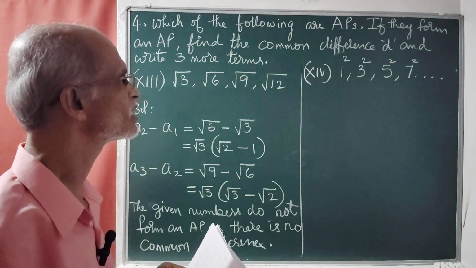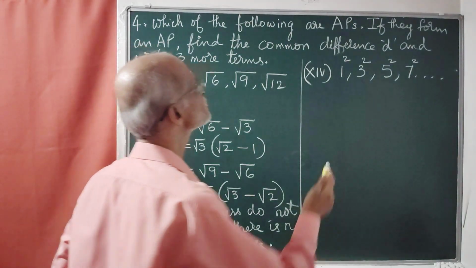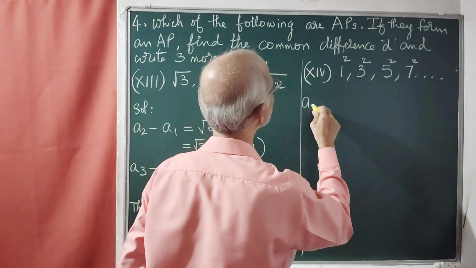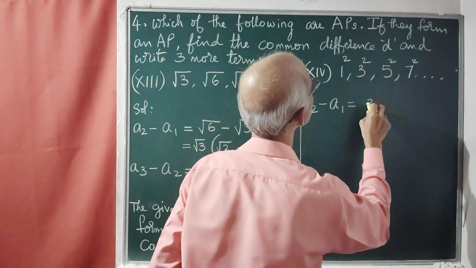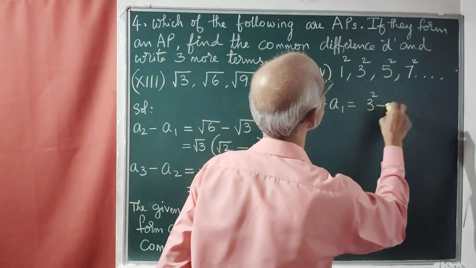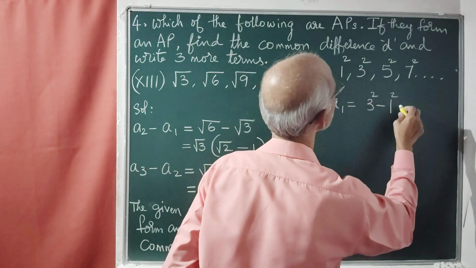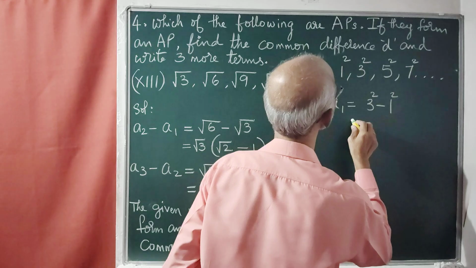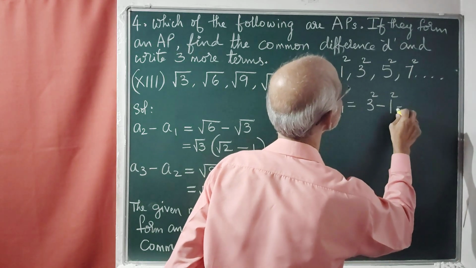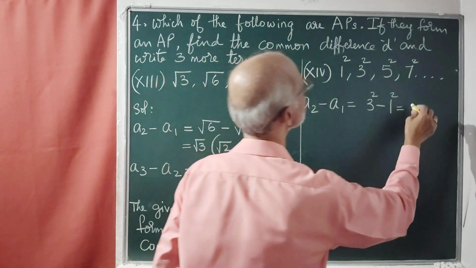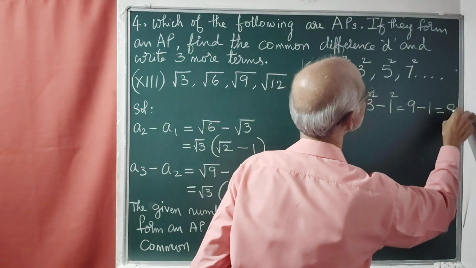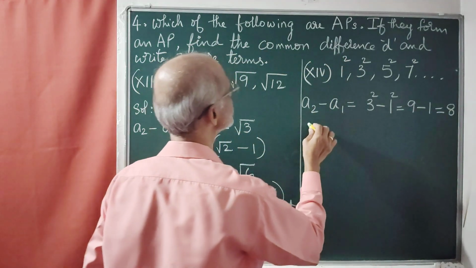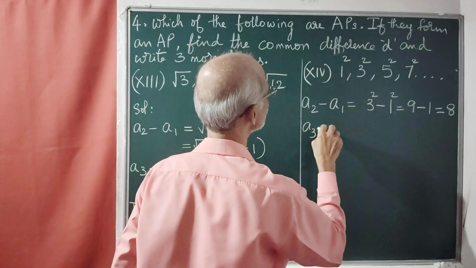Now we'll try to find the difference between the terms. A2 minus A1. A2 is 3 square. 3 square minus 1 square. What do we get? 3 square is 9. 9 minus 1, 8. Now A3 minus A2.